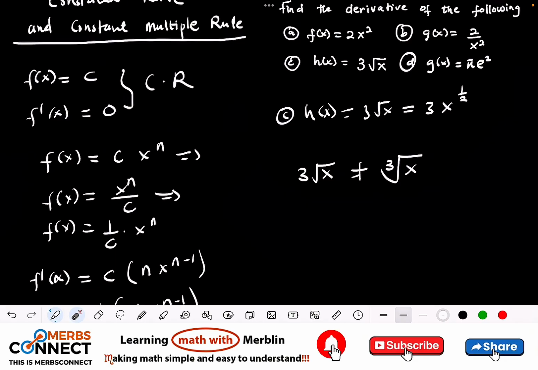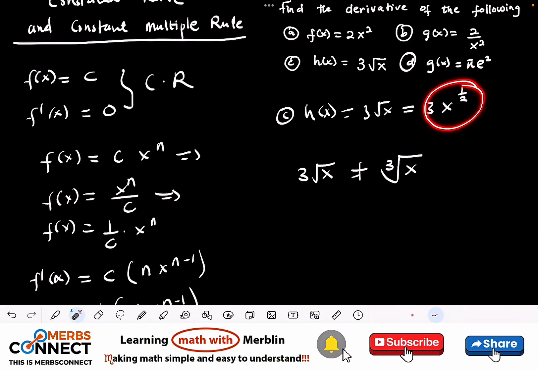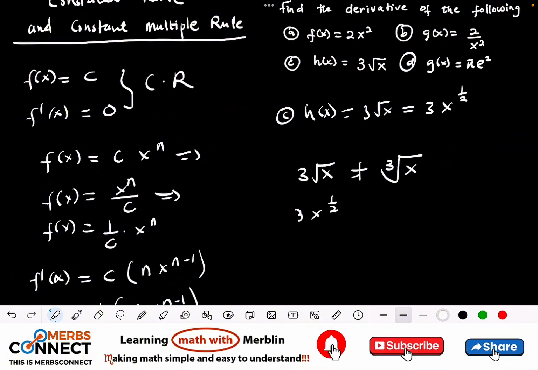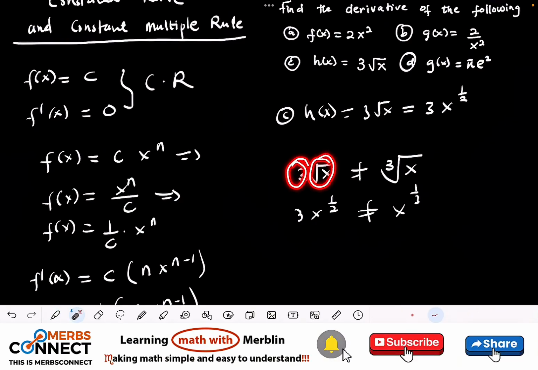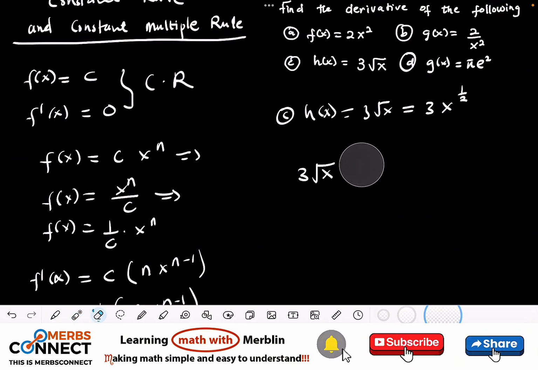This, as we wrote from here, is 3x to the power 1 over 2, which is not the same as this one, which is going to be 1 over 3, right? So note when the constant is just multiplying the root and when that constant is on the root, which makes it a cubic root, right? So that is also something that you need to learn from there.